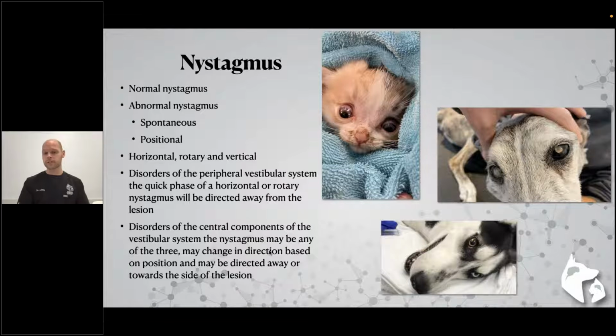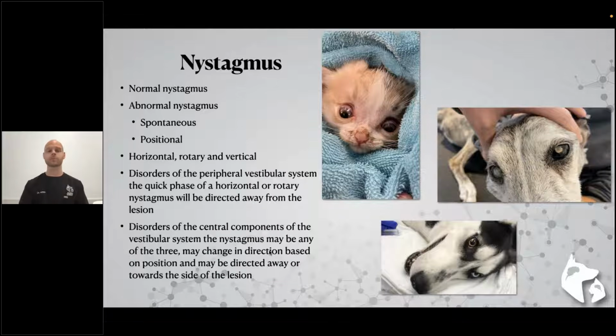With disorders of the peripheral vestibular system, the quick phase of the horizontal or rotary nystagmus will be directed away from the lesion, okay? That's important because, conceptually, when we describe a nystagmus, if you're calling to refer a patient over to us and you think they have a balance system problem and you tell us they have a horizontal nystagmus, we're going to ask, well, to what direction?